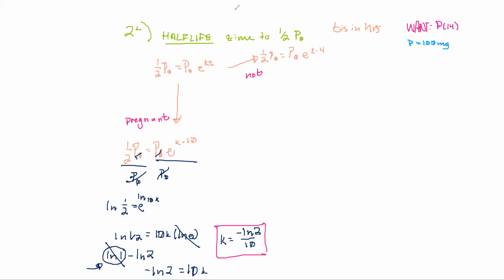What do we do with this? Well, we're still looking for p of 14, but now we have one of the missing pieces. We can say this is 100 e to the k times 14, which is our t.